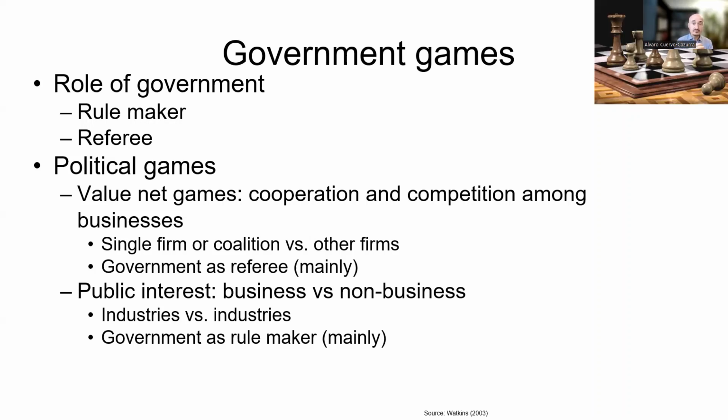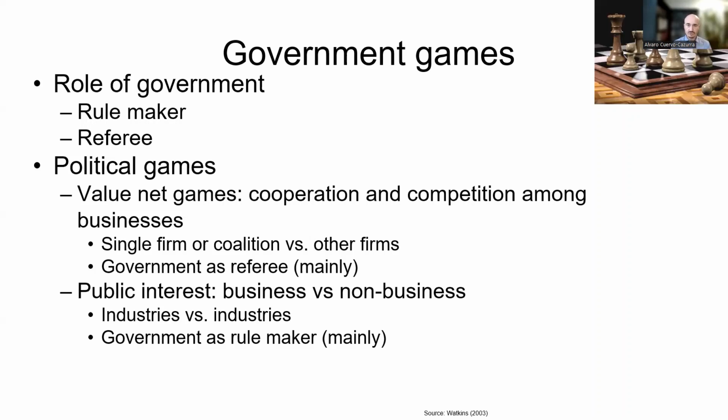Versus the story of public interest, where companies have a common agreement, common desire, and then it is other actors outside the industry, stakeholders, interest groups, customers, suppliers, distributors, local communities, the ones that might have some concerns about what is going to happen.